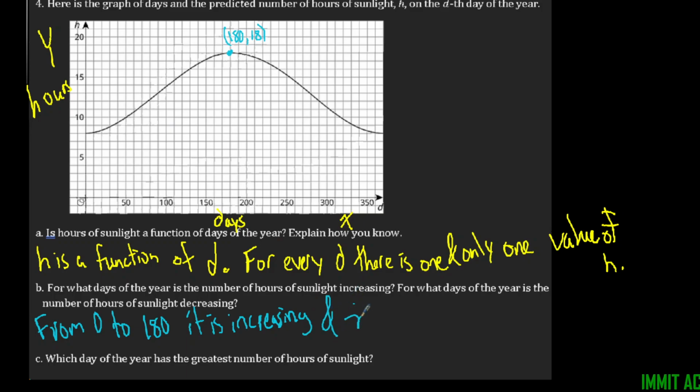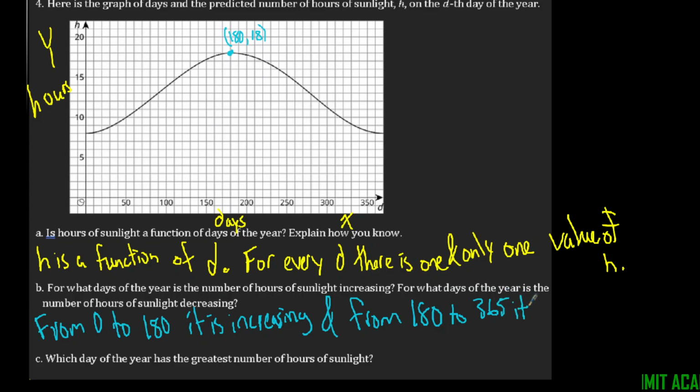And from 180 to 365, it is decreasing. So you have to make sure you're saying as you're going up through this graph, it's increasing, and then once you get to that point, it actually goes down.